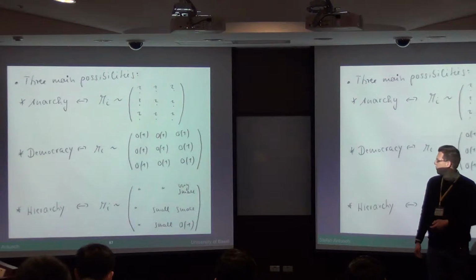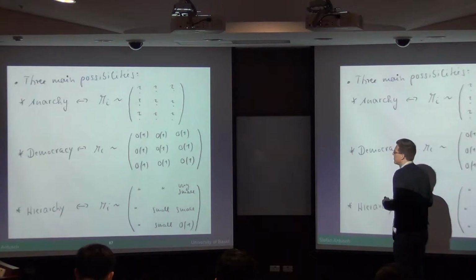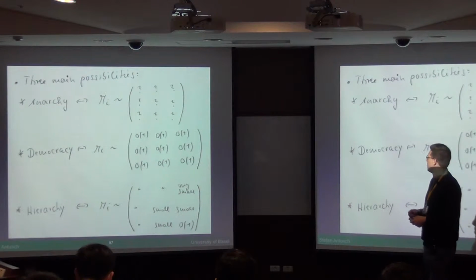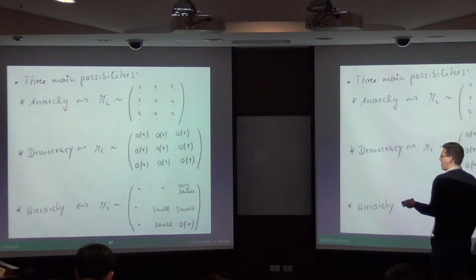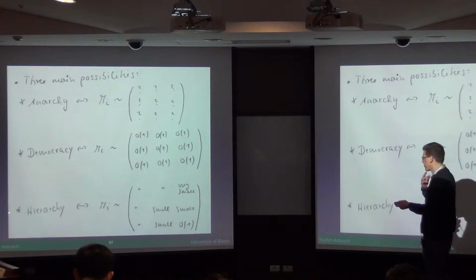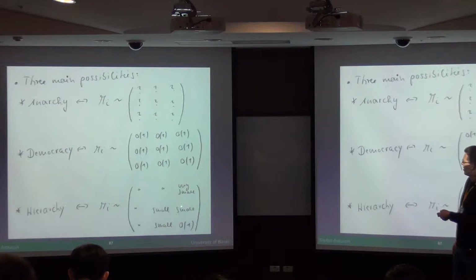This is the way to require some democracy in the mass matrices, which means all elements have the same rights, or the same order. The third possibility is that you assume some kind of hierarchy in the mass matrix, which means the third element is the biggest one, of order one. Then you have elements which are smaller, and then these elements here are very much smaller.